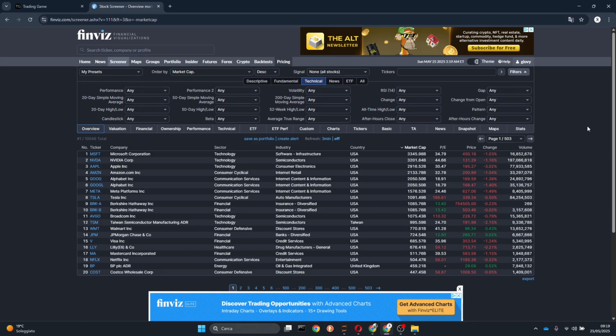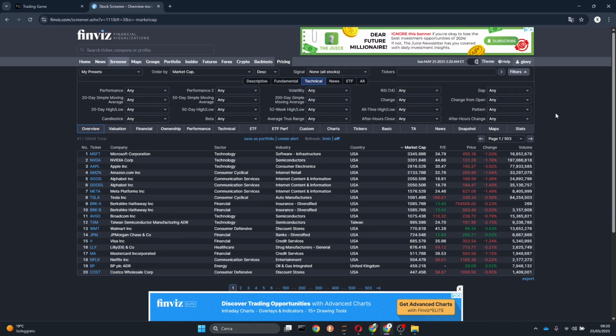There are also some technical analysis indicators, for example the average true range, useful to find the right value of your stop loss, the volatility, the relative strength index, and gap. So what if a stock yesterday had a very big gap? A very interesting filter.